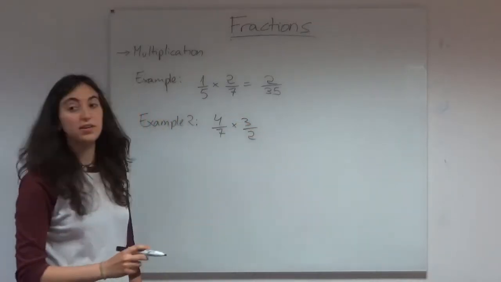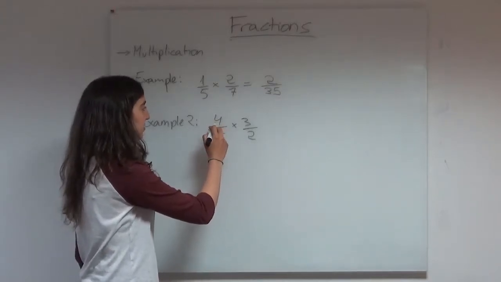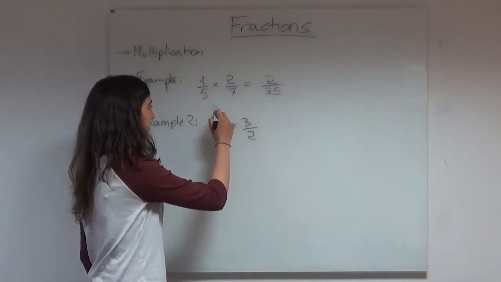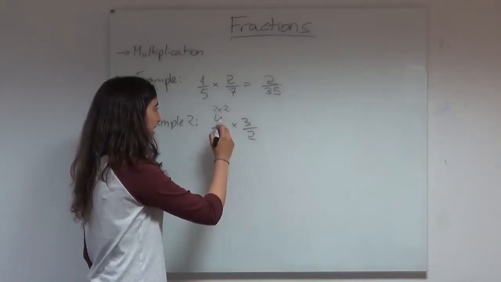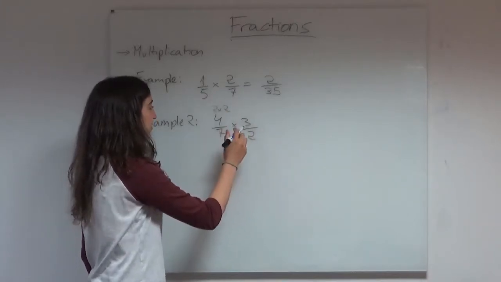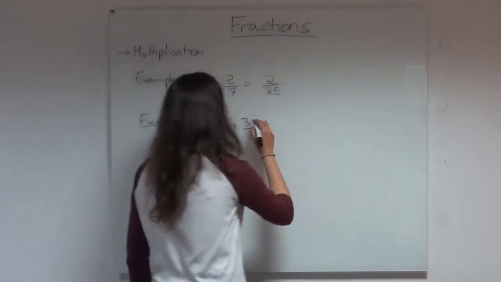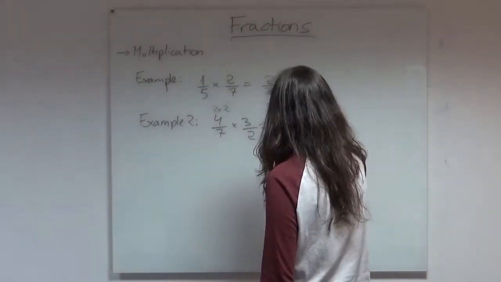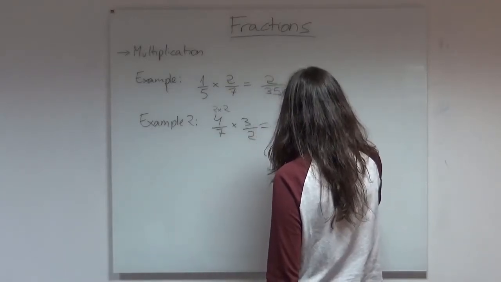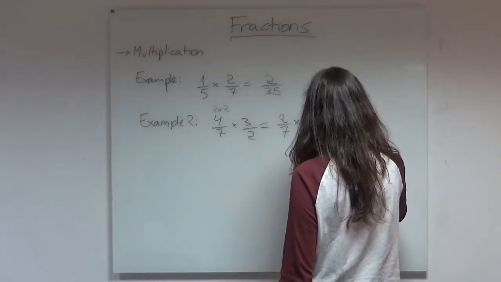In this case, you can see that there's a common factor, because 4 can be written as 2 times 2, and then one of the 2's would go out with this 2, so we can factorize and simplify before multiplying everything. So this would be equal to 2 over 7 times 3 over 1, which is equal to 6 over 7.